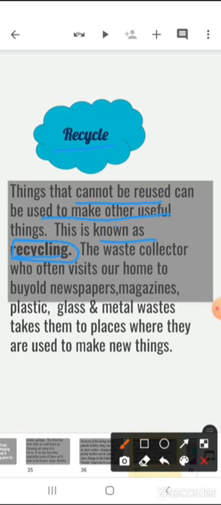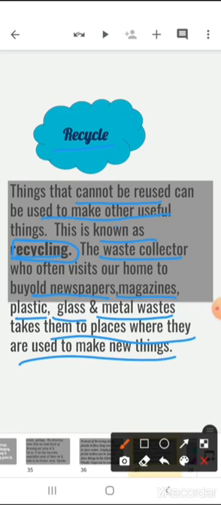The waste collector, the garbage collector man, often visits our home to buy old newspapers, magazines, plastic, glass and metal waste, and takes them to a place where they can be used to make new things.